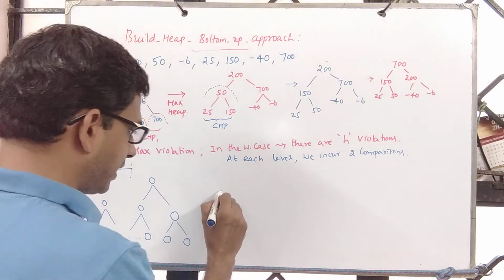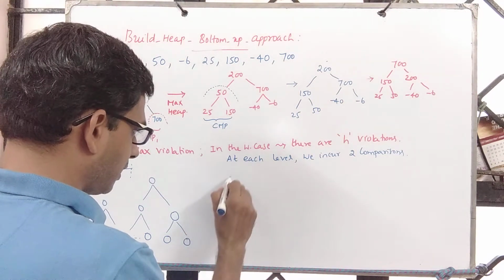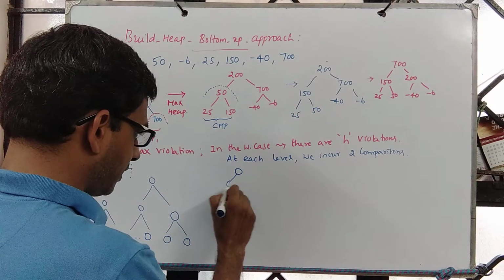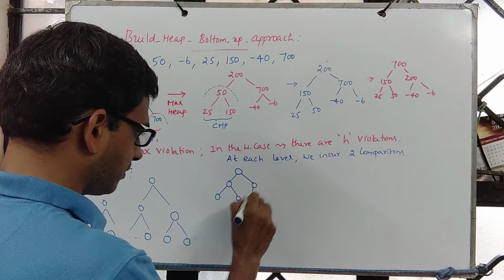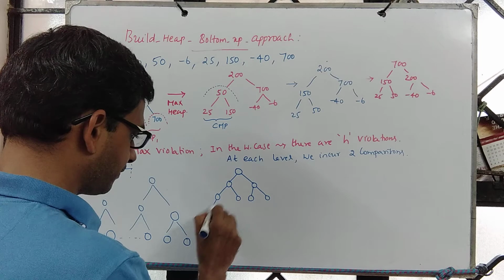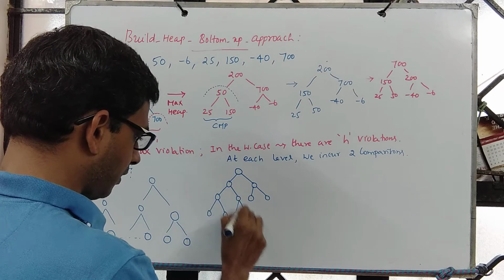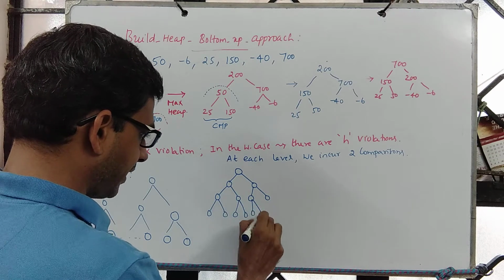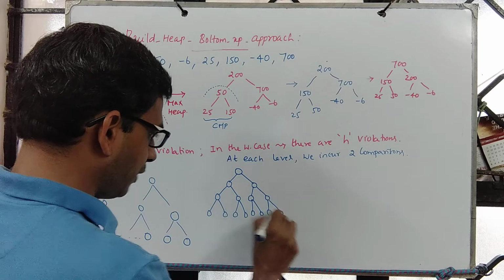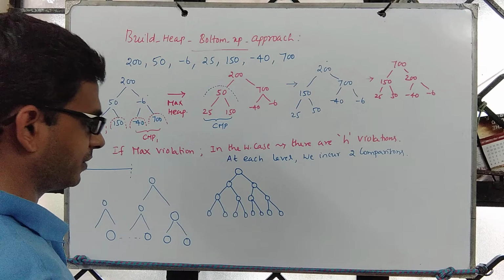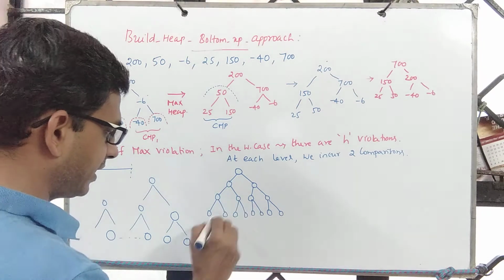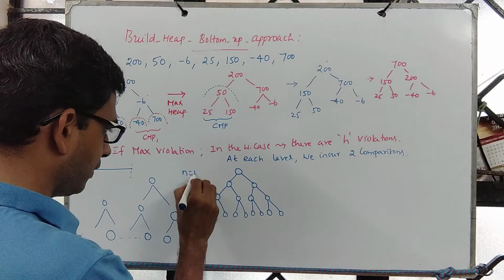So please note, let's look at this tree so that you can appreciate things better. So you have constructed a heap on n nodes. Okay, so this is a tree on n nodes. So how many are there? There are 15 nodes.